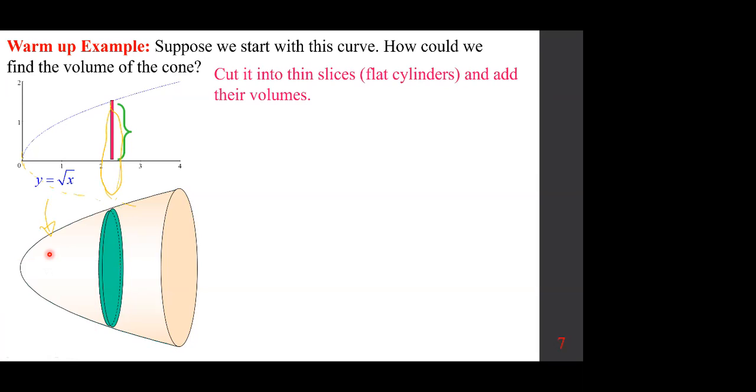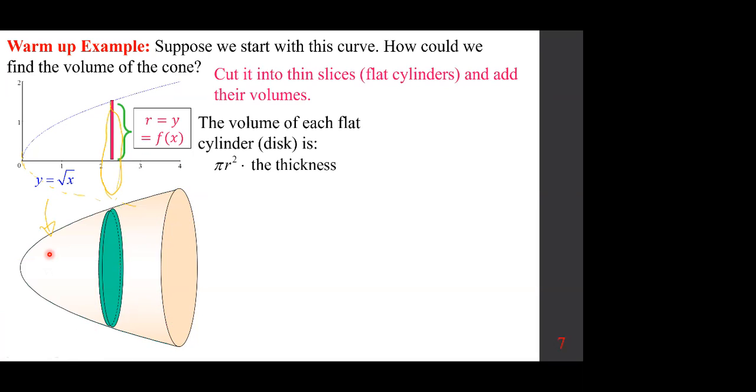Okay. And so having said that, this is R, which is y, which is f of x. So again, this point has coordinates x comma y, and R is the y coordinate of this function.